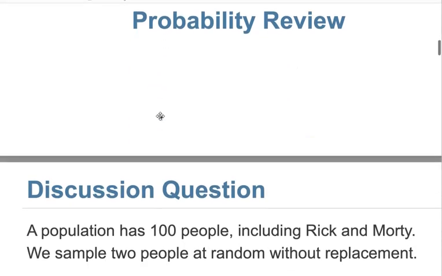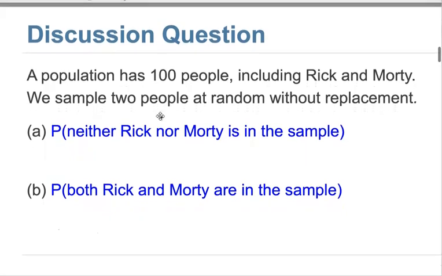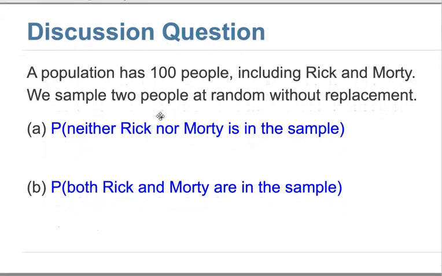Before we move forward to the new topic, let's do a quick review of what we covered last week. We talked about probability last week. So here we have 2 discussion questions. I want you to work on them. Remember that this is a recorded lecture, so I may not have time to reserve for you to discuss. So I very much welcome and encourage you to find your group from your lab exercise peer group or any classmates.